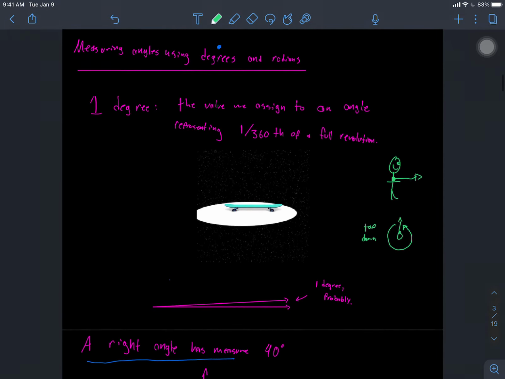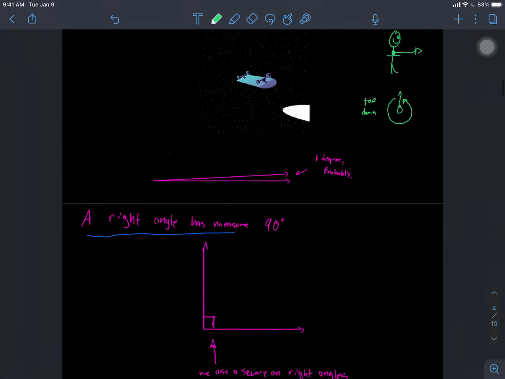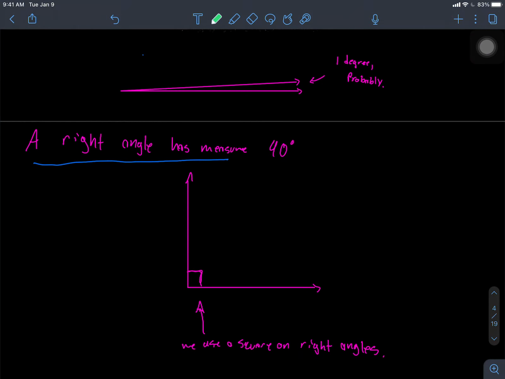And there's a couple important degree measures which we'll now talk about. First of all, a right angle measures 90 degrees. This is an important angle because it has all sorts of nice properties. First of all, if we do 4 of them, then we get a full circle, or a full 360, because 90 times 4 is equal to 360.